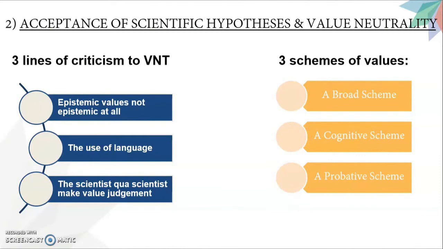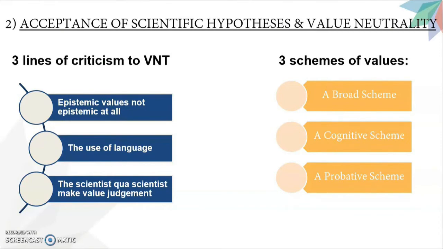Second, no scientific hypothesis is ever confirmed beyond reasonable doubt. So contextual values are the main characteristic to accept or reject the hypothesis, while the value neutrality thesis, VNT, disapproves it.